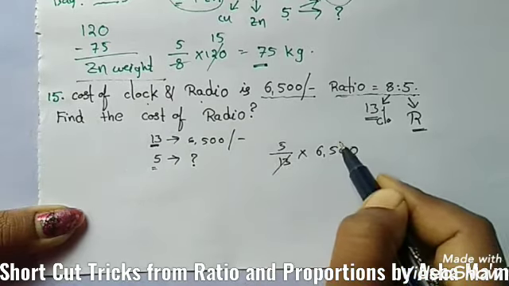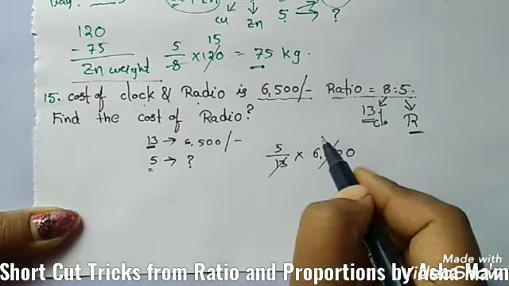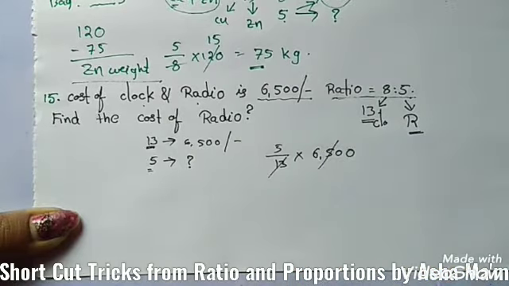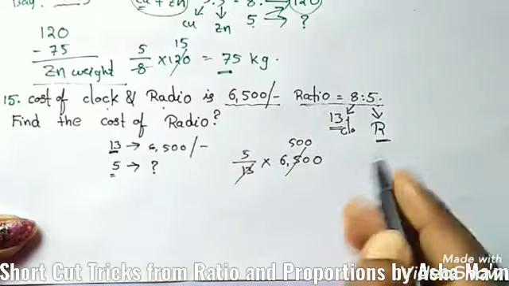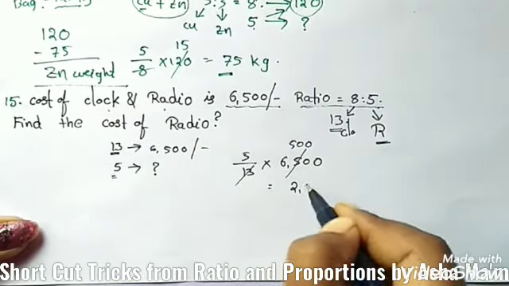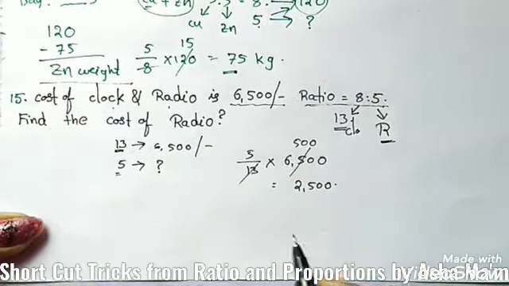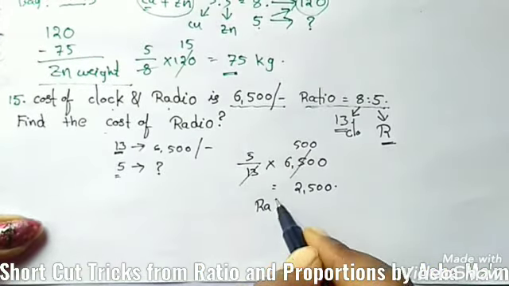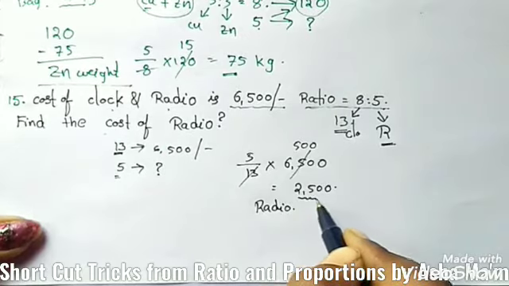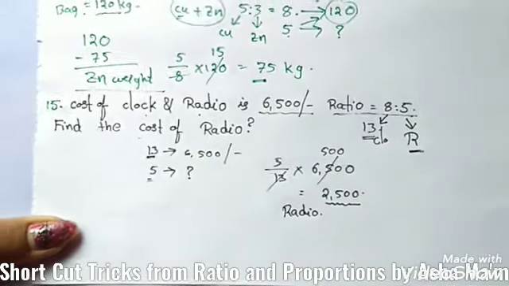So this 13 in this 6500 should be 500 times. Now 5 into 500, 2500. So you can say that is the answer. The cost of radio is 2500. Right, this is the answer.